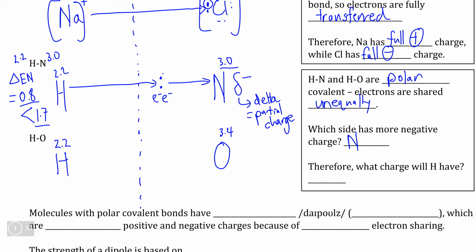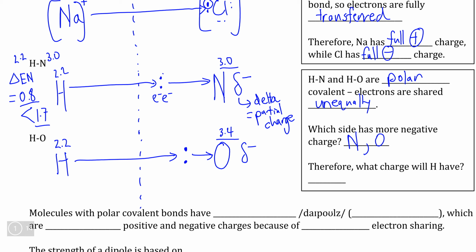Therefore, we would expect the electrons in its bond not only to be closer to oxygen, but even closer to oxygen than they would be in a hydrogen to nitrogen bond, again showing that oxygen is better at attracting electrons than hydrogen is. So because these electrons are closer to oxygen and farther away from hydrogen, oxygen is also going to have this partial negative charge, because it is gaining electrons, but not strongly enough to be a full ionic bond.